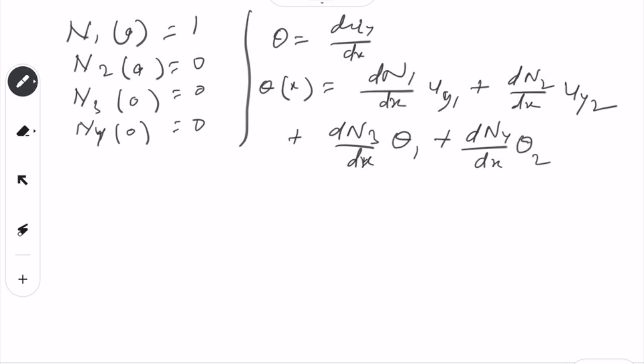From the same equation, theta is given like this.